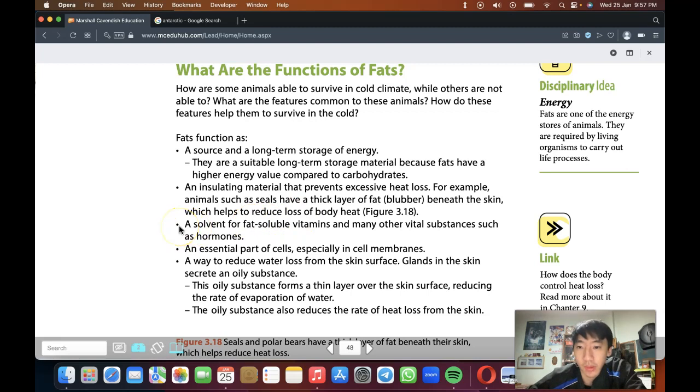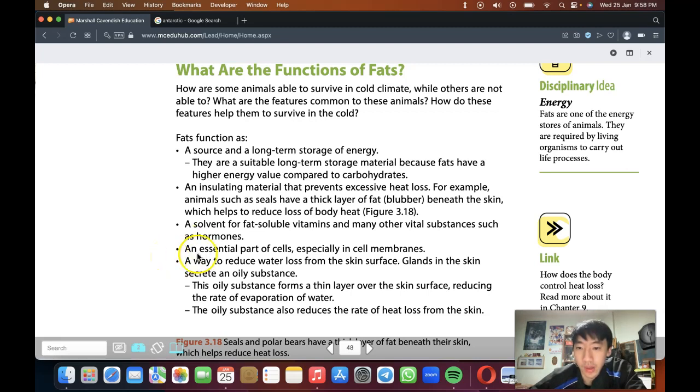Fats are also a solvent for fat-soluble minerals and many other vital substances such as hormones. Not everything can dissolve in water. Some things like vitamins and hormones have to dissolve in fats. So the fats in our body help to dissolve the vitamins and hormones.